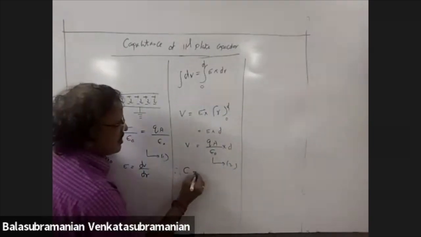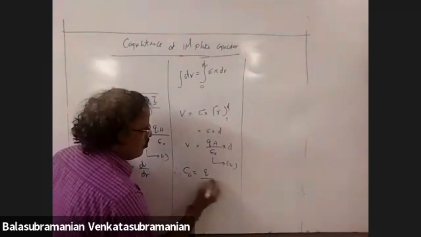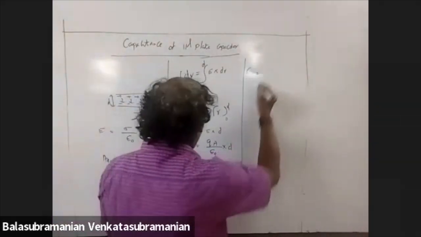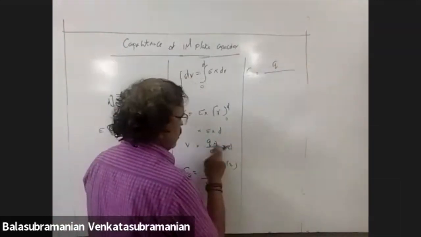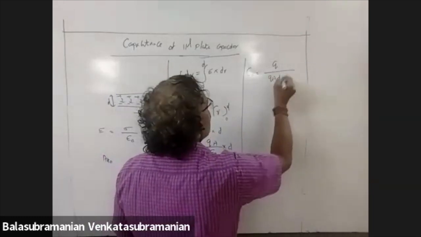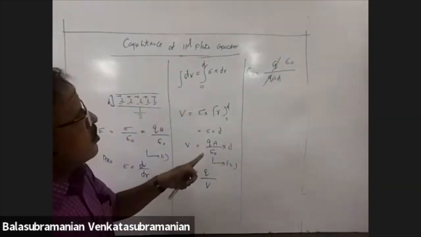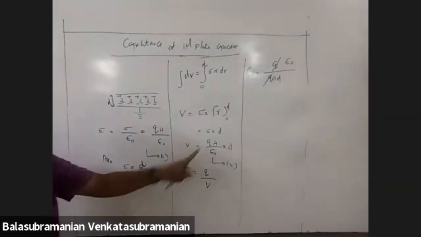Therefore, capacitance in air medium is Q by V. Q is, let it be. What is V? Q d by A epsilon naught. So C is Q by V. Is this correct?